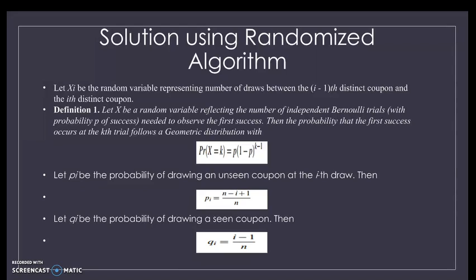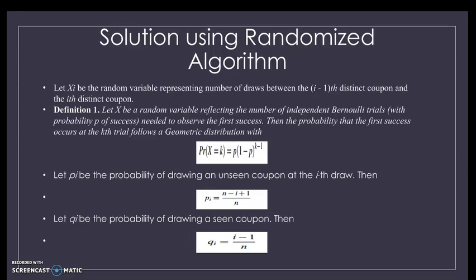This X is a random variable reflecting the number of independent Bernoulli trials needed to observe the first success. This occurs at the kth trial and follows the geometric distribution, where the probability X equals k is equal to p times 1 minus p to the power of k minus 1.